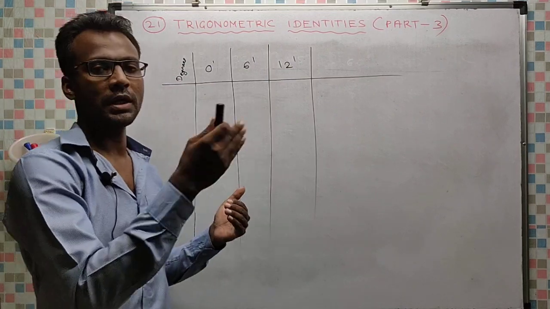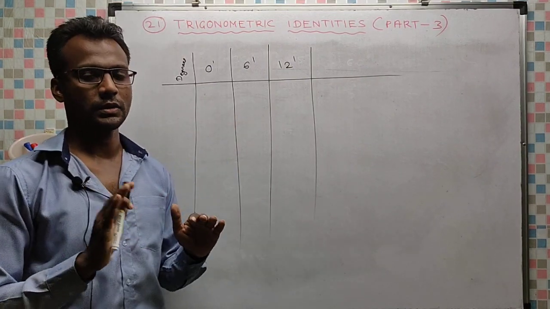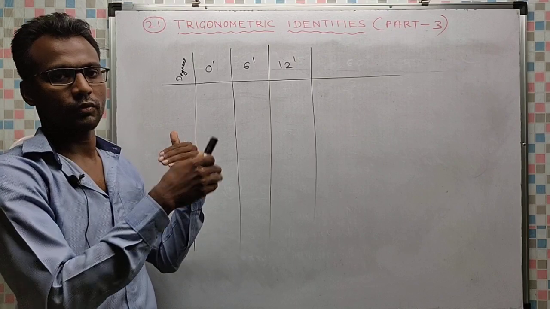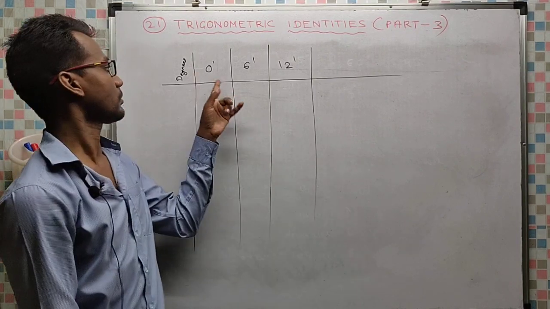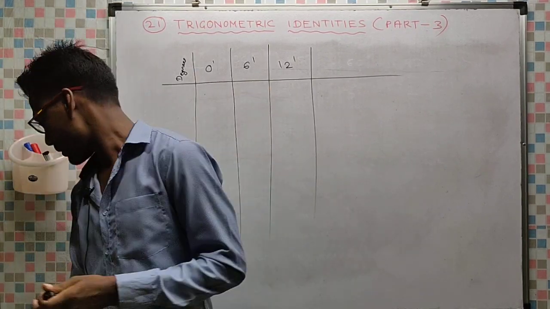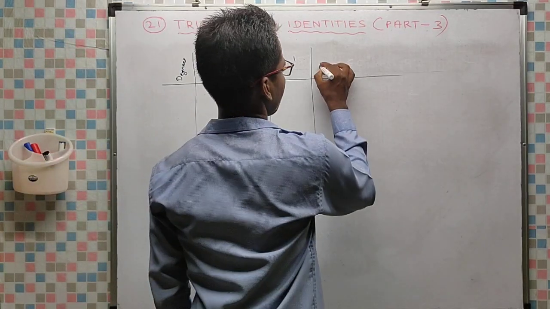Every minute is not given. 1 minute, 2 minute, in this way it is not given. We are taking multiples of 6: 0 minute, 6 minute, 12 minute till 54 minutes.